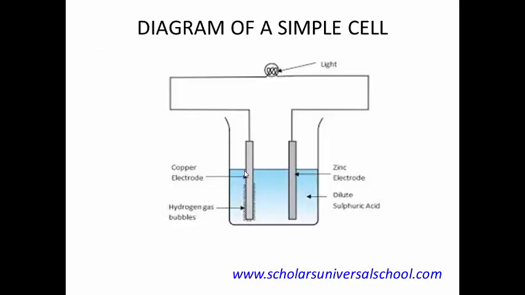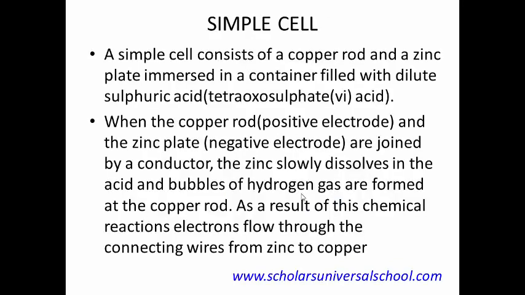Now, a diagram showing the simple cell shows the copper electrode and the zinc electrode immersed in a solution. We have rightly explained that the solution is called electrolyte. Here, the dilute sulfuric acid acts as the electrolyte.